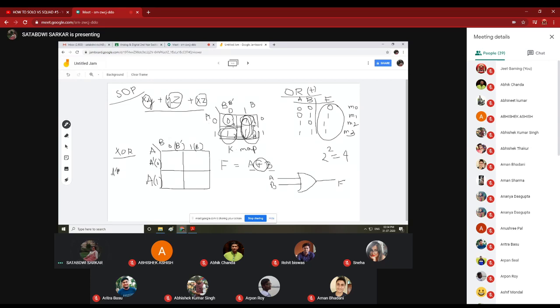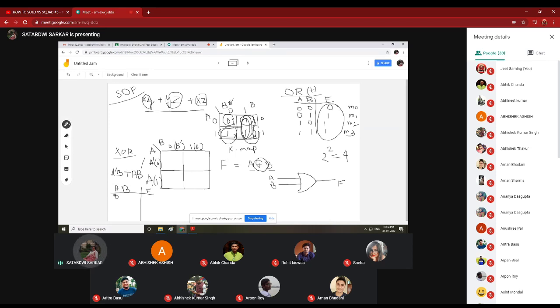A bar B plus A B bar. Okay. Now let us check this. So first, for doing the truth table, we should have A and B, and this is F or Y, anything else.